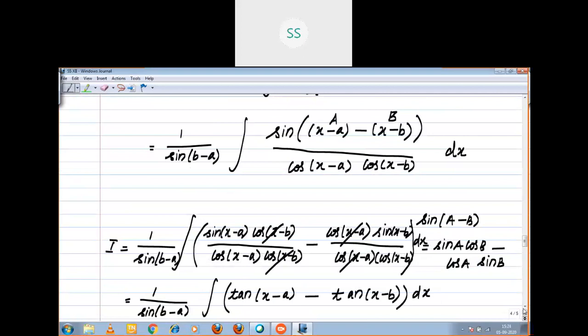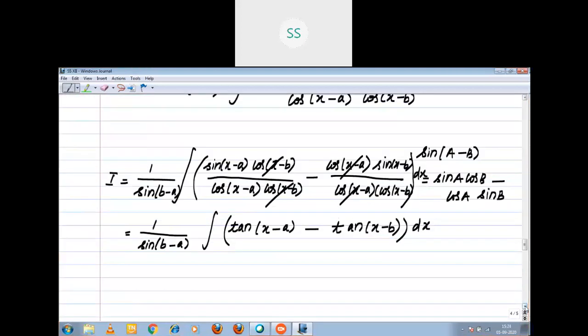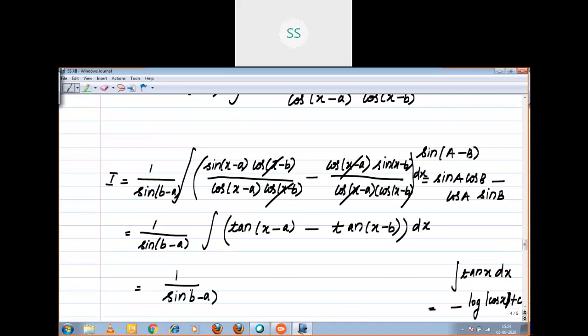Integral tan x. What is the formula for integral tan x dx? Anybody? Yes, minus log cos x. Integral tan x dx equals minus log of cos x plus c. Now 1 by sine b minus a into, when you integrate this, minus log of what?